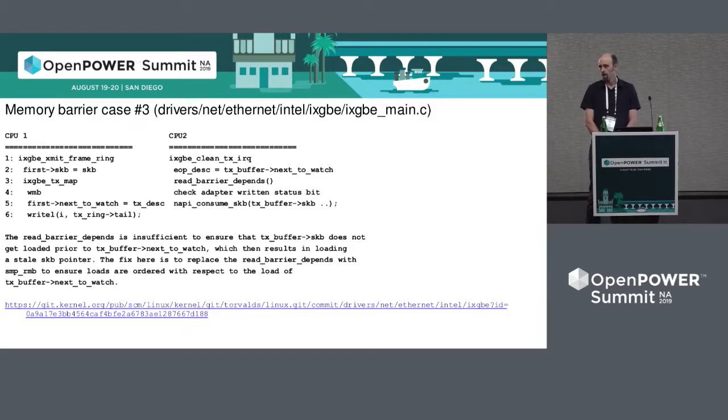It says static code analysis tools. I'm not aware of any static code analysis tools that exist today that would do this. I don't know that it would necessarily be impossible. So, for example, you said the read barrier doesn't do anything on Power.